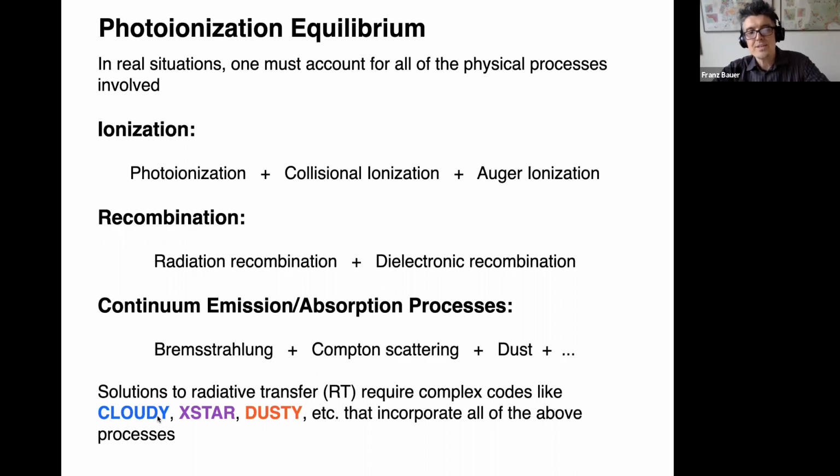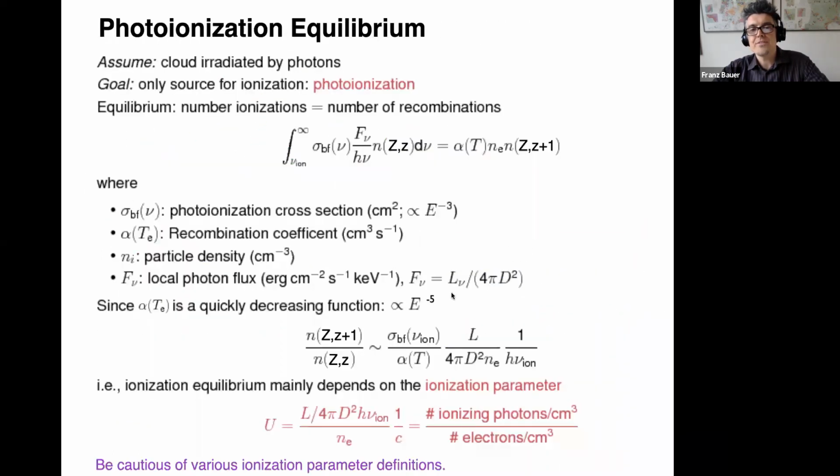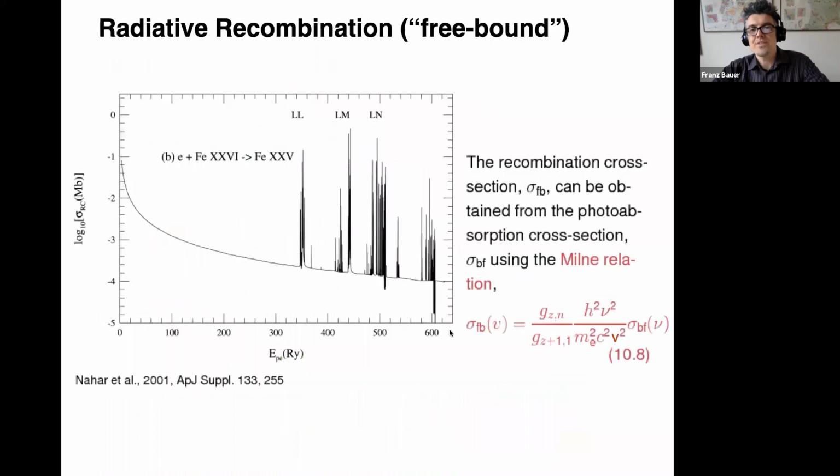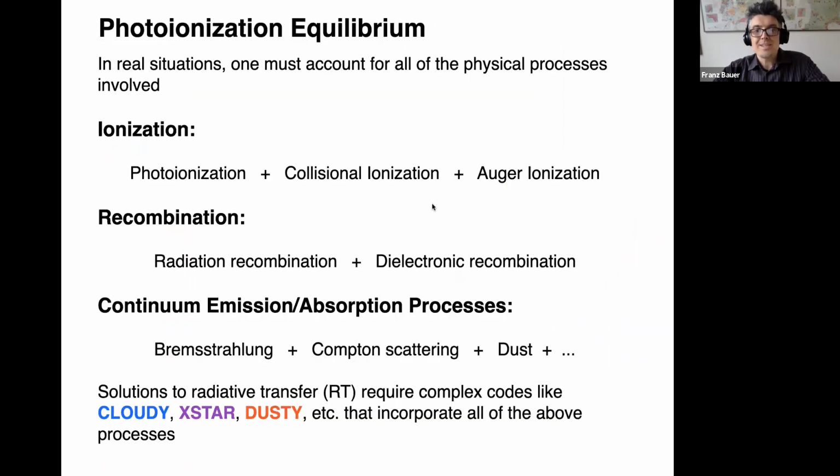But there are things like Cloudy, there's another program called XSTAR, and another program called DUSTY, which does the radiation transfer with dust. These try to incorporate a lot of the different transitions and factor in the functional forms of the cross sections for recombination, for photoionization, bound-free, and so forth. So it's a non-trivial process.